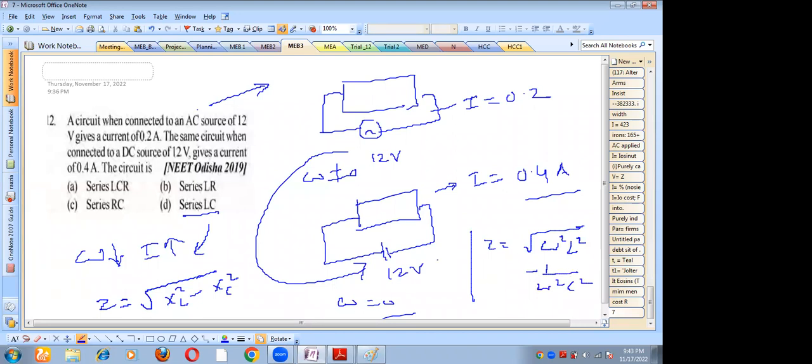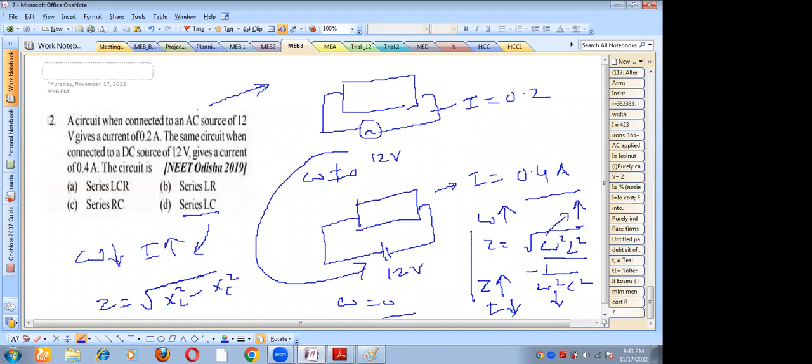So when omega increases, this term will increase and this term will decrease. So net what will happen to Z? Z will increase, right? So what will happen to current?